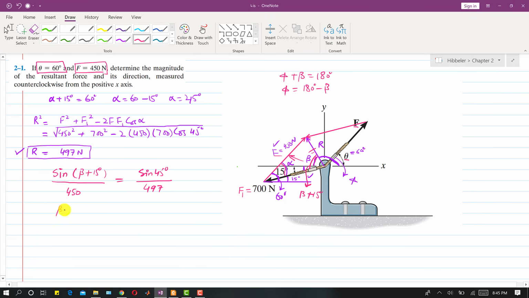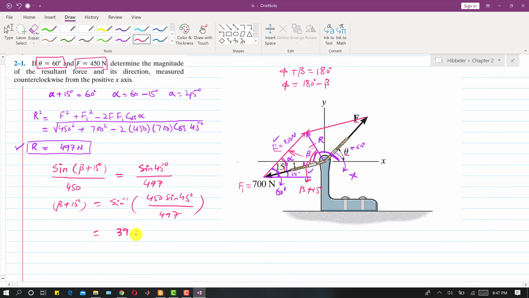Then beta plus 15 degrees will be equal to sine inverse of 450 sine of 45 degrees divided by 497. Let me solve this. This comes out to be 39.81 degrees. So this is equal to beta plus 15 degrees. So beta will be equal to 39.81 minus 15 degrees, which comes out to be 24.81 degrees.